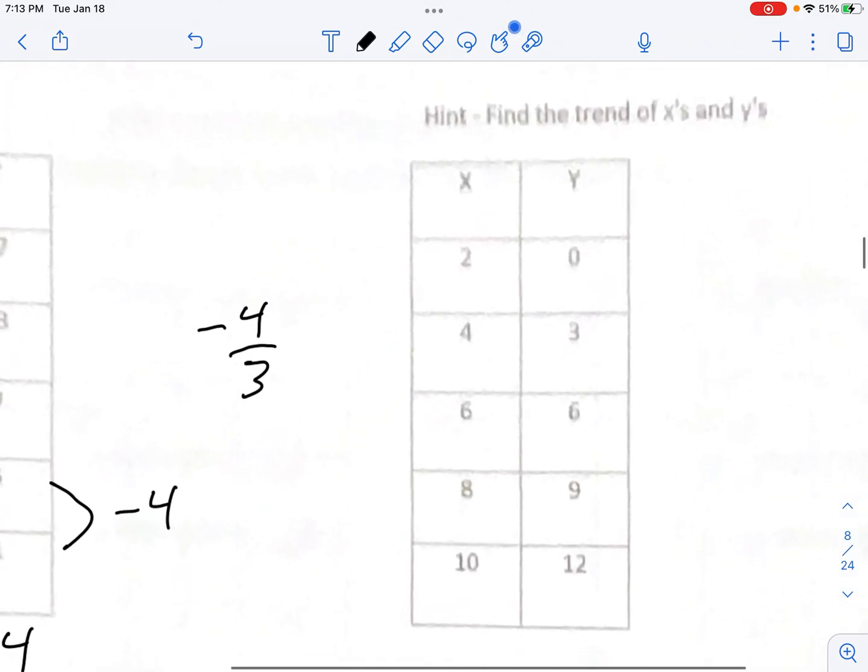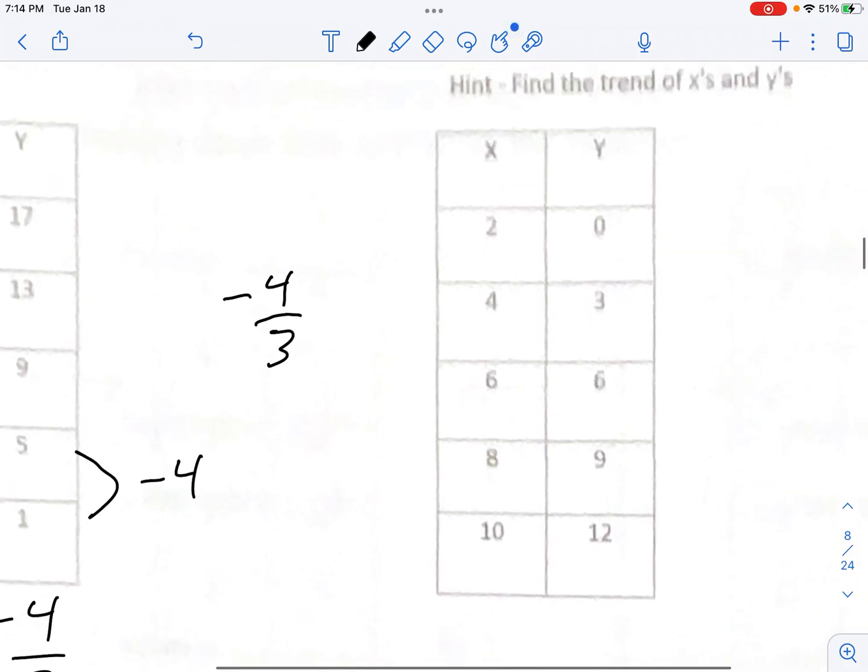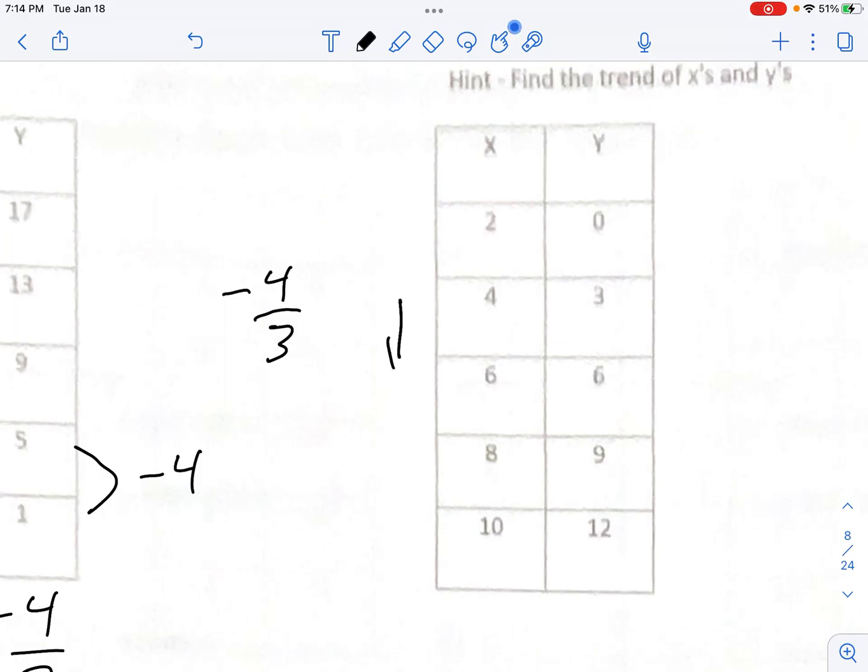Now, what happens if you don't have a 0 in the X column? Okay? Well, a lot of times what will happen is your trend will take you to a 0. So, for example, if I try to go this way, 2, 4, 6, 8, 10, 12, I'm never going to get to 0.